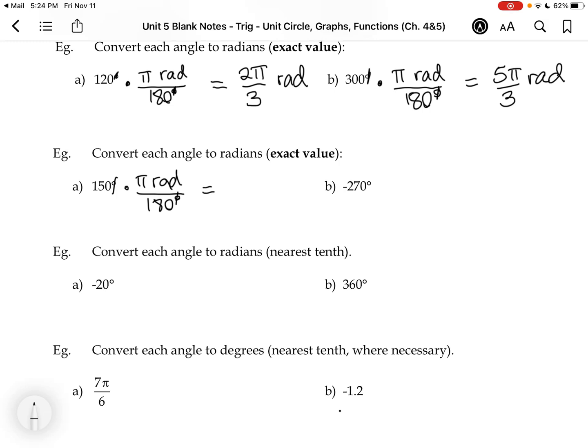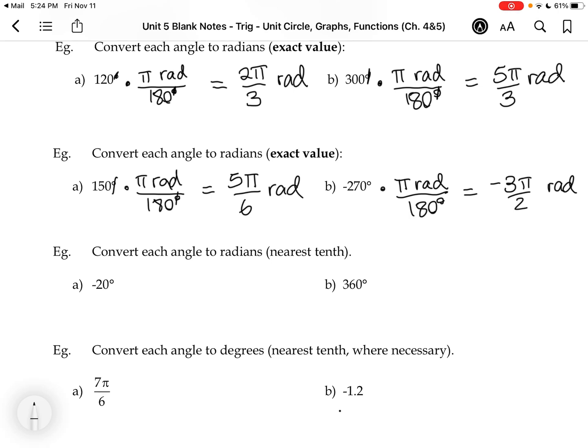It's like 15 over 18, so that's 5 over 6. 5 pi over 6 radians. Okay, and negative 270, again, multiply by pi radians over 180 degrees. So 270 over 180 is like 27 over 18, 3 over 2. So that's negative 3 pi over 2 radians.